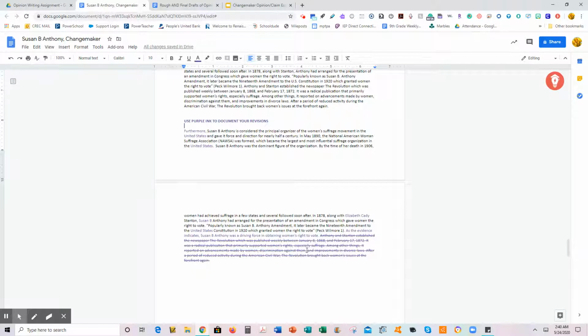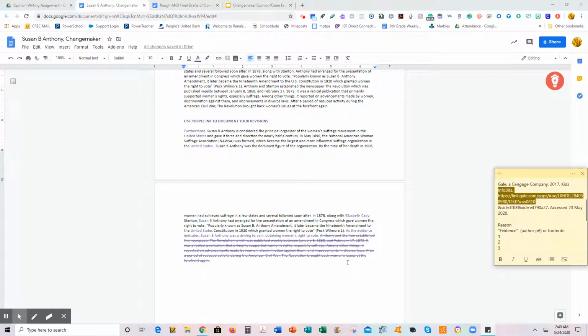Now here, I didn't see the part where you have to like tie it together more solidly. So I ended up adding, as the evidence indicates, Susan B. Anthony was a driving force in obtaining women's right to vote. Then when I was reading this, I went back to my reasons and evidence, and I didn't put down the Revolution publication.